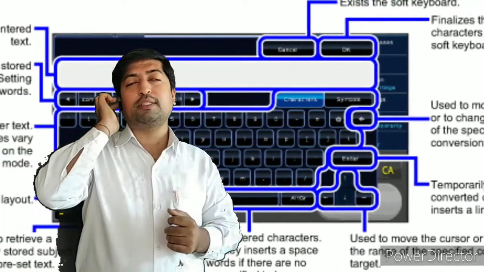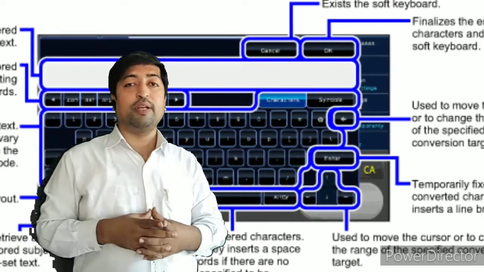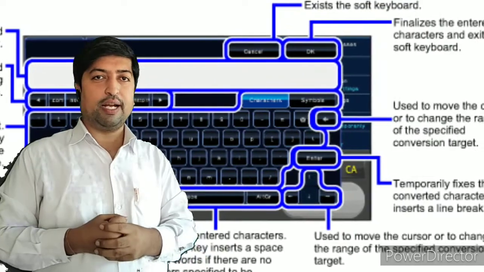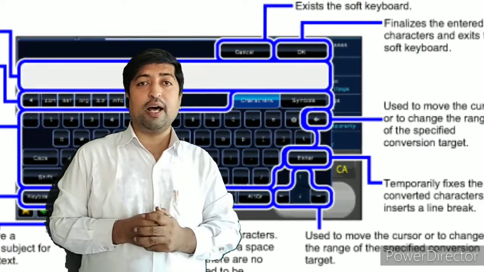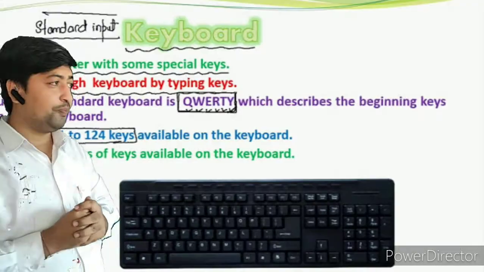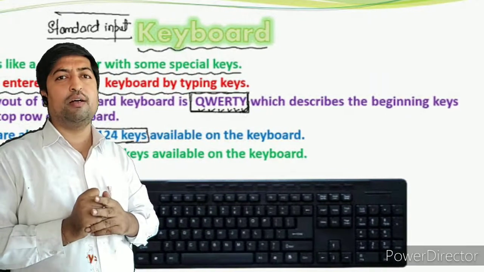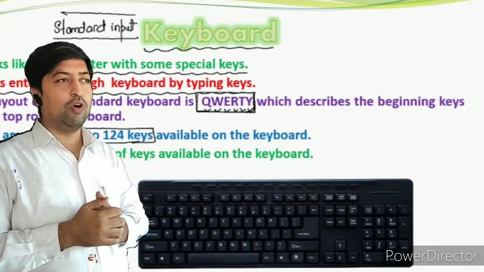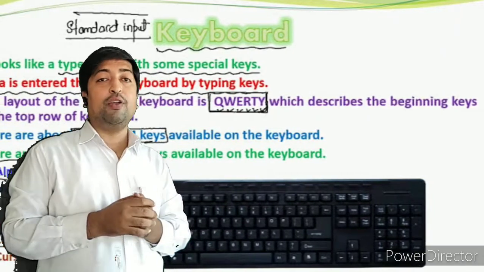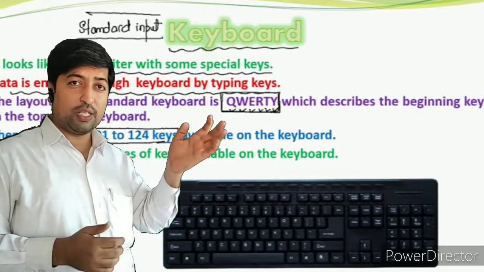The top side keys, the functional keys, are useful for using the computer very effectively and very easily, because functional keys from F1 to F12 are useful in different ways. In many softwares their uses are very different.